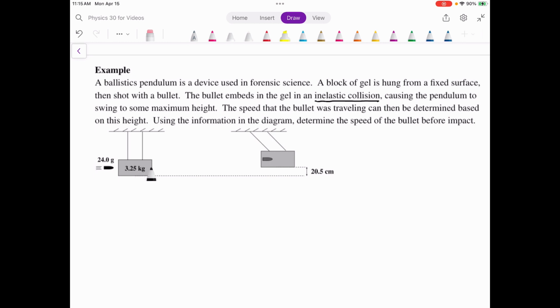This is going to swing up to its maximum height, and then it's going to stop, and then it'll go back and forth like this because it's a pendulum. And so we can see here that momentum doesn't seem to be conserved within the bullet-gel system, right? Now, again, remember, I'm not lying when I say that momentum is always conserved.